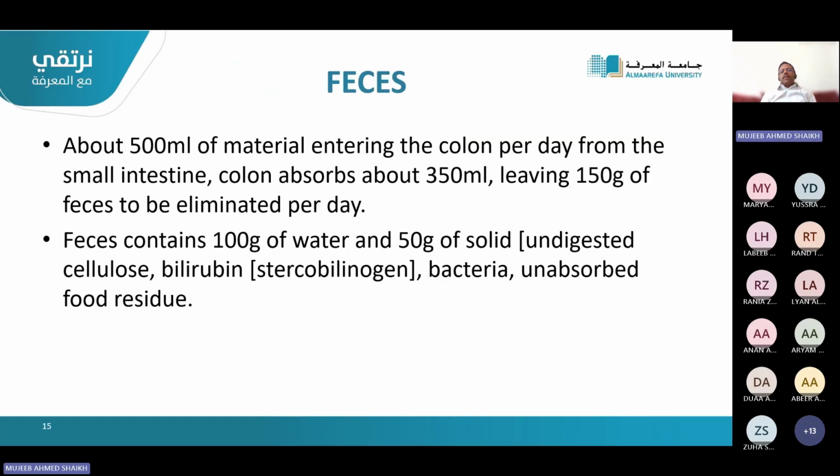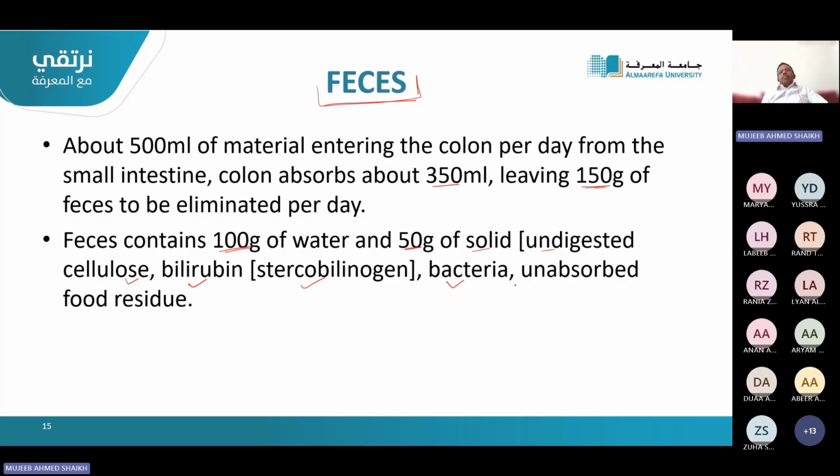So what remains after absorption of materials like salt, water, vitamin K and some bile salts? What remains is the undigested material, which is known as feces. So out of 500 ml, 350 will be reabsorbed. So 150 grams is remaining now, which contains about 100 grams of water plus 50 grams of solid undigested particles, like cellulose and bilirubin, also known as stercobilin.